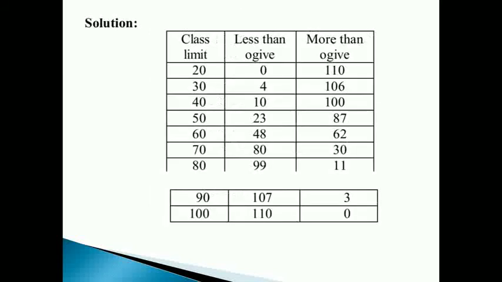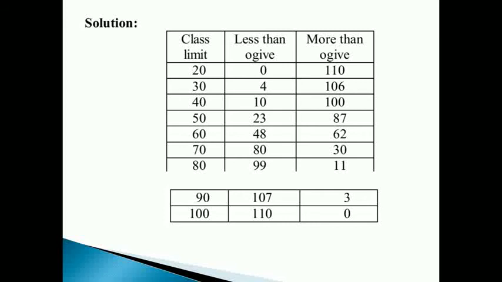So from this data, first you have to prepare two columns, that is, less than ogive and more than ogive. It means the first column stands for less than cumulative frequency and the next column stands for more than cumulative frequency, also called the less than ogive or more than ogive column.